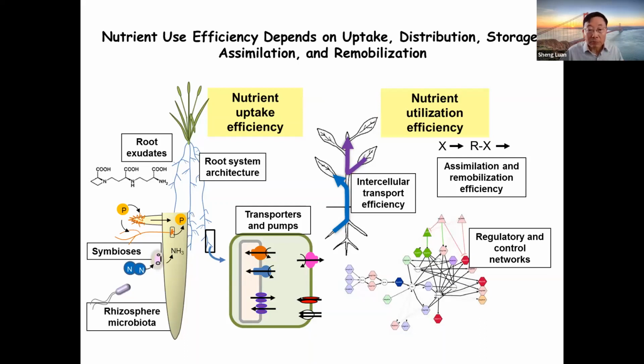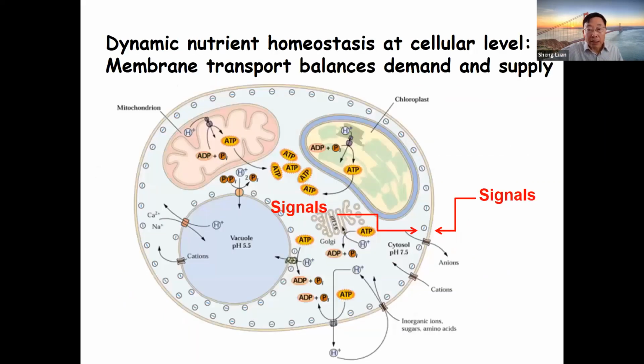utilization. And if we look at the single cell level, membrane transporters not only move nutrient in and out of the cell, but also distribute nutrient within each cell among different organelles, right? Because every organelle has its own membrane that serves as a boundary.